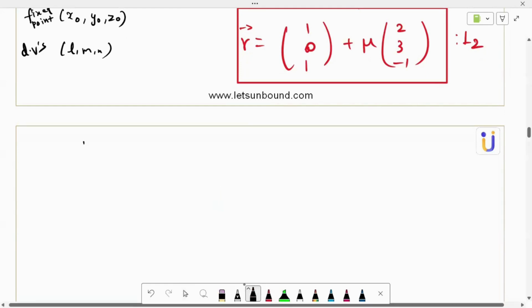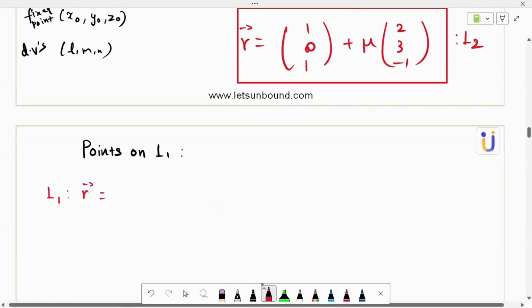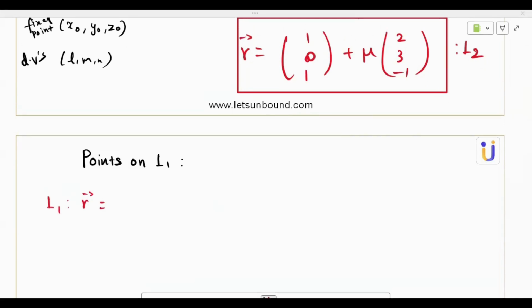Let's aim for points on L1. For that, I need the vector equation form. So the vector equation of L1 is R vector equals 1, 2, 3 plus lambda times 4, minus 2, 1.